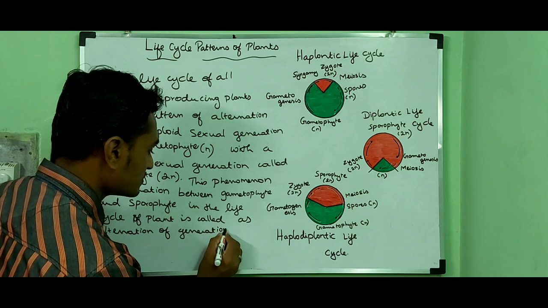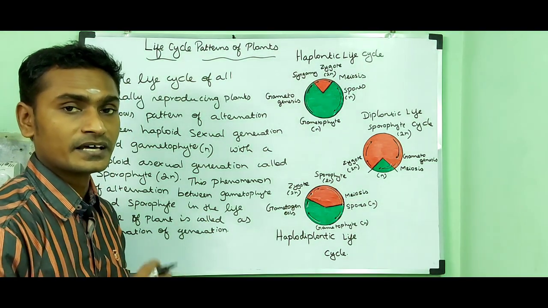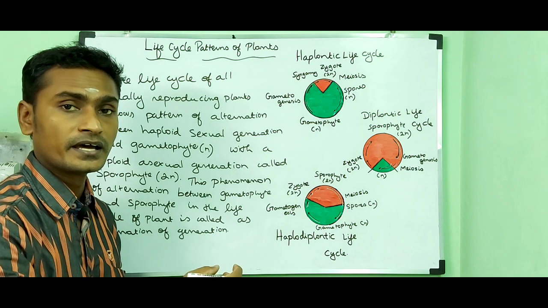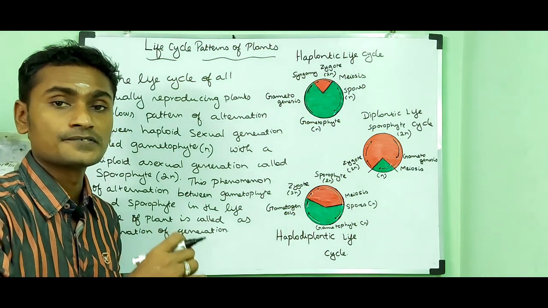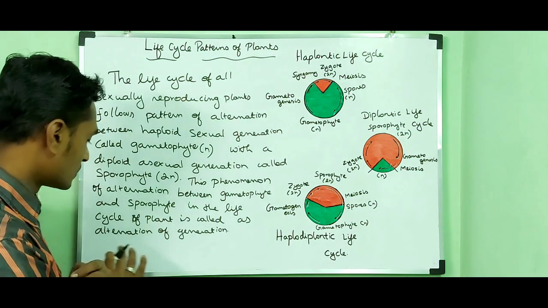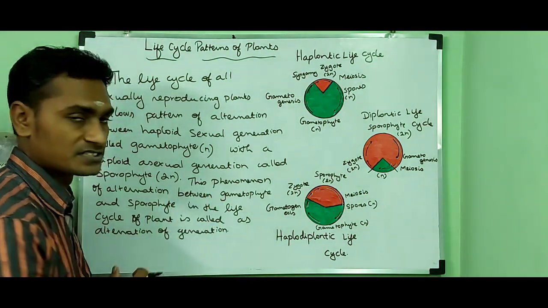So alternation of generation means the haploid gametophyte and the diploid sporophyte alternate with each other in the life cycle of a plant, and that condition is called alternation of generation.